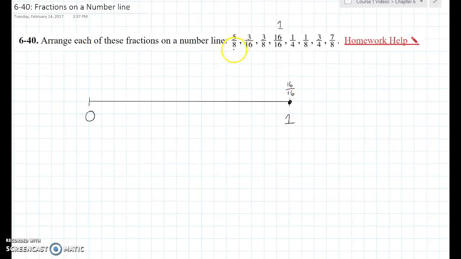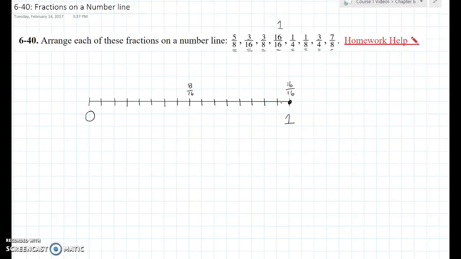I looked at all these denominators and said, oh man, I can make them all sixteenths. And how many sixteenths are in 1 whole? 16 of them. 1 sixteenth, 2, 3, 4, 5, 6, 7, 8 sixteenths, 9, 10, 11, 12, 13, 14, 15, 16.